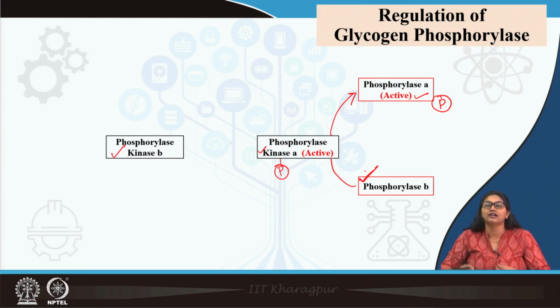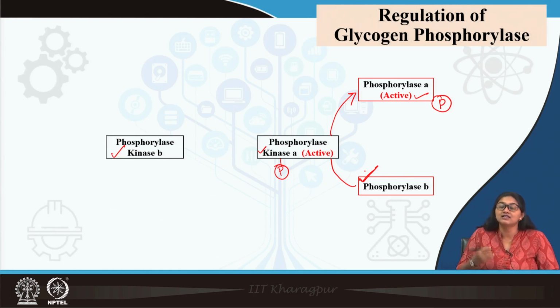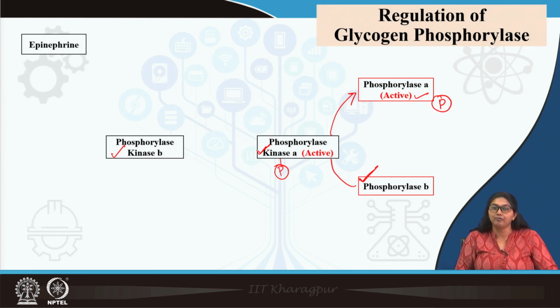Now, how does this activation occur? By hormones like epinephrine and glucagon, which activate this kinase by an enzyme cascade reaction. There is a series of reactions which causes activation of phosphorylase kinase with the help of epinephrine.